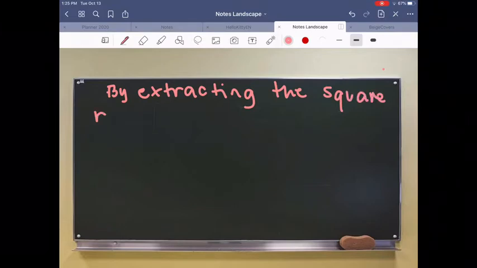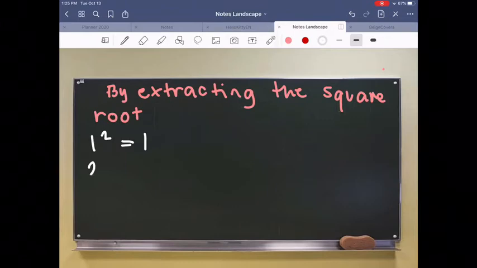Before we begin, we should know what the perfect squares are, the numbers whose square root we can get. For example, 1 squared is just 1. 2 squared is 4.